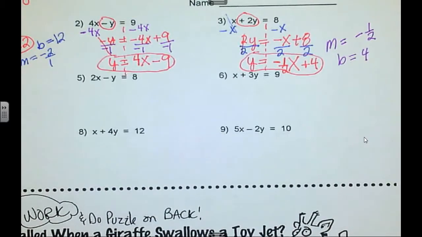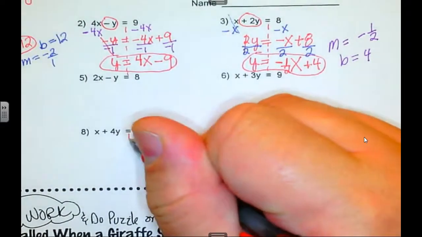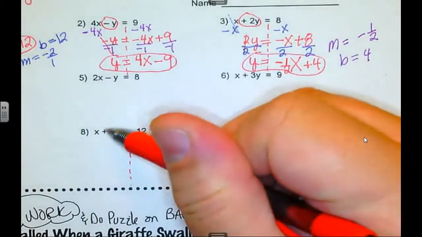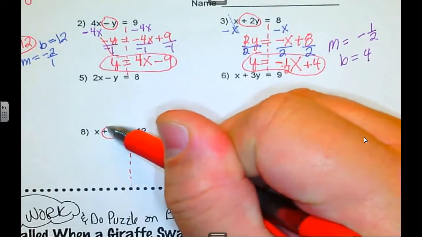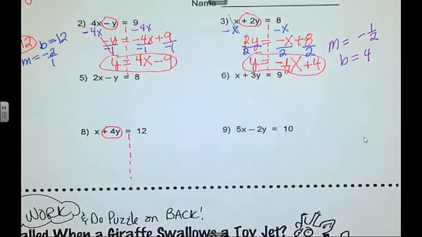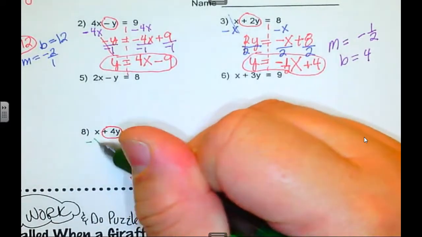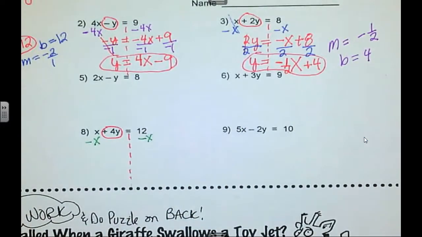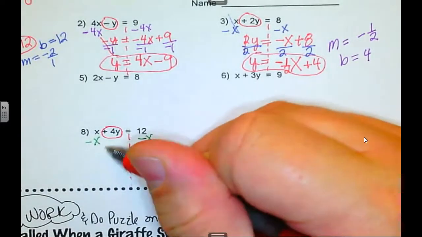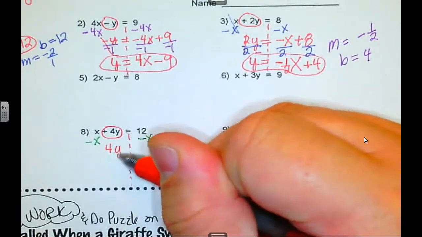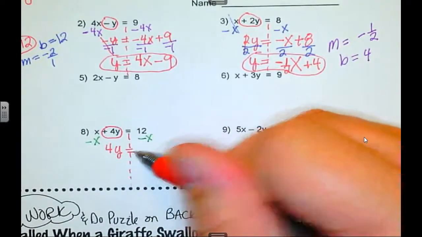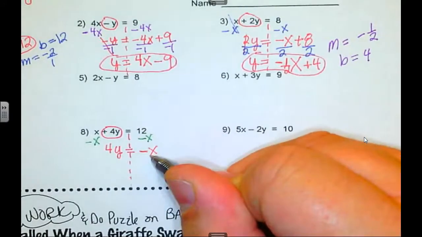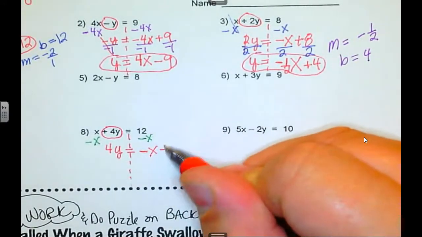All right, number 8. Here's my y term. I'm going to subtract x from both sides. I have my 4y equals, and I'm going to put my x term first, -x plus 12.